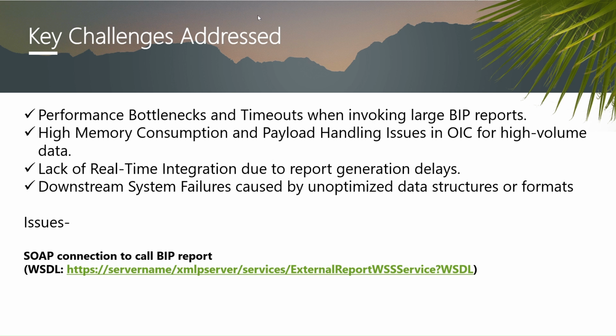For example, if your BIP report generates a date in an unexpected format and your downstream application is not able to understand it, or your BIP report contains special characters that do not fit your downstream application, in that case you might face some performance issues. So these are the key challenges that we experience while working on real-time projects.